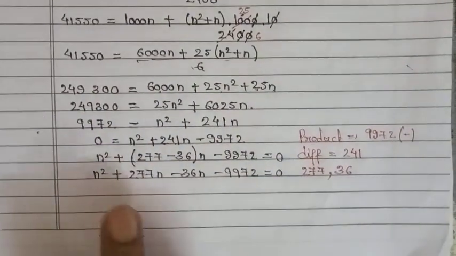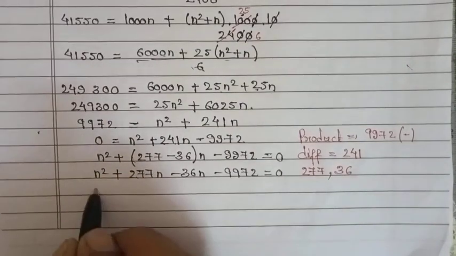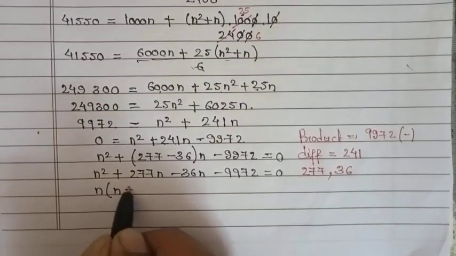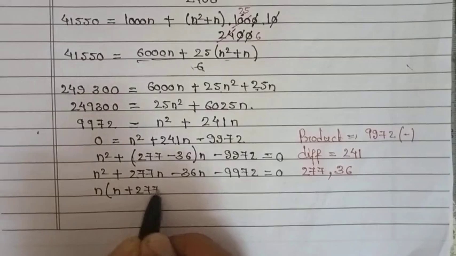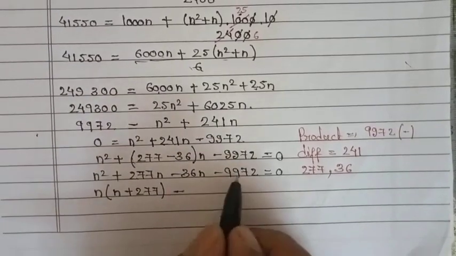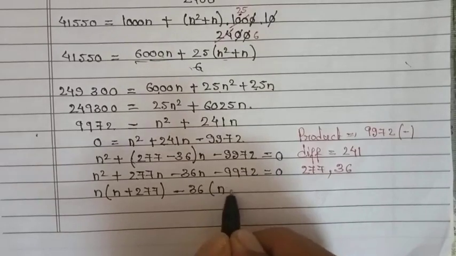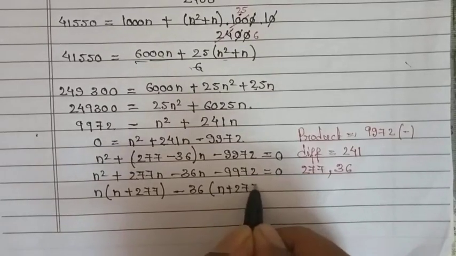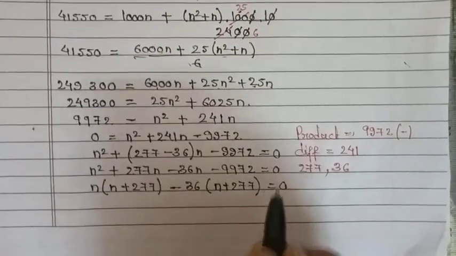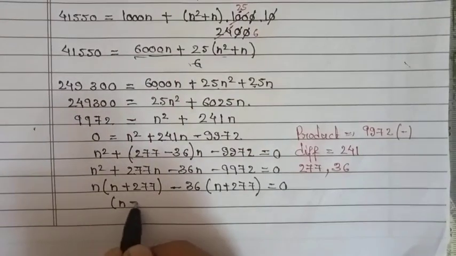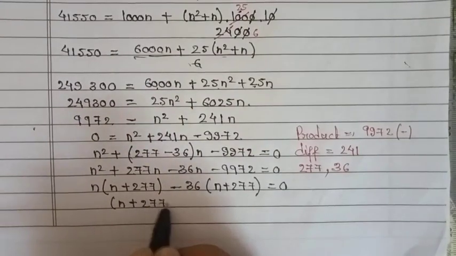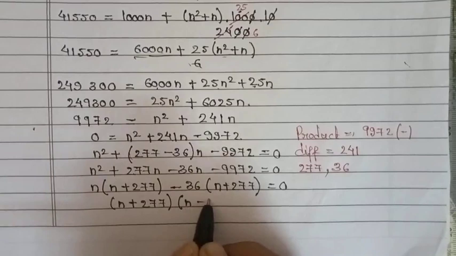Now let's take common. First make this group. From this group you can take N common. From this group you can take 36 common. So finally you are getting these two factors.